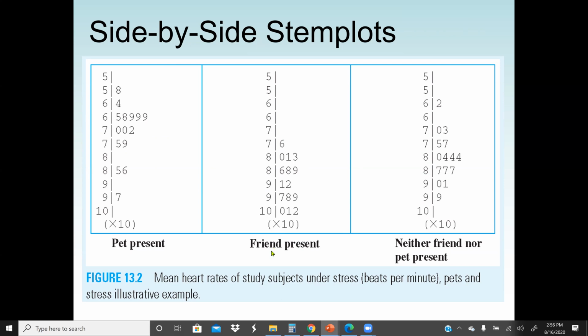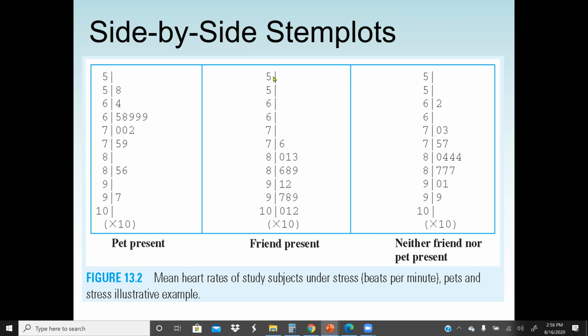When I look at the second, which is when the friends are present, we can say that it's skewed to the left, or negative skew, which means the mean will be lesser than the median.